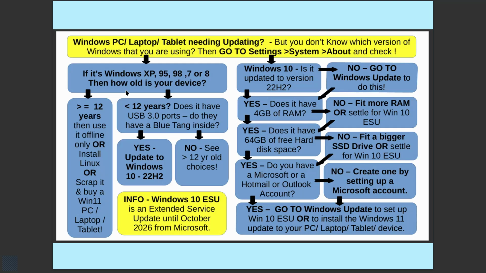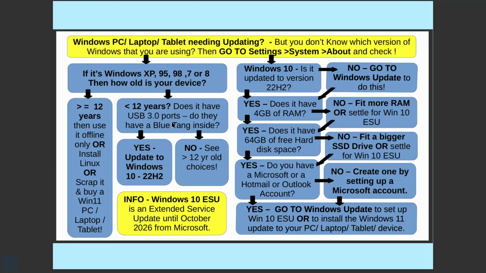you've got. If you've got a computer that's younger than that, i.e., less than 12 years, the margin of hardware is, does it have USB 3 ports? These are the USB ports with a blue tag inside them. If it has, then it's capable of updating to Windows 10 version 22H2.